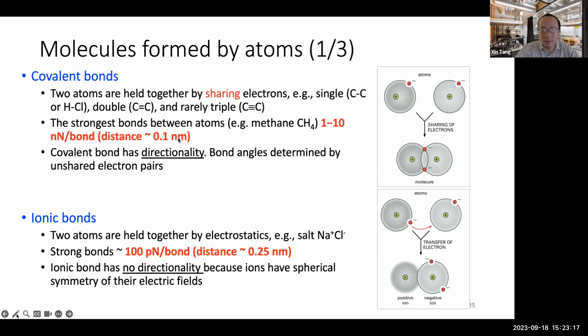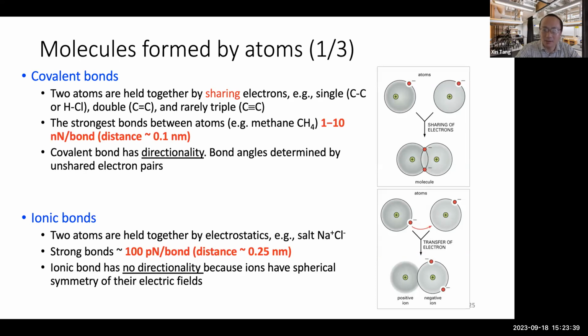And the third is the distance between those bonded atoms. Number four is whether those bonds have directionality or not. This actually is very useful. In engineering applications, sometimes you need the bond to have directionality if you want the final product to be stable.